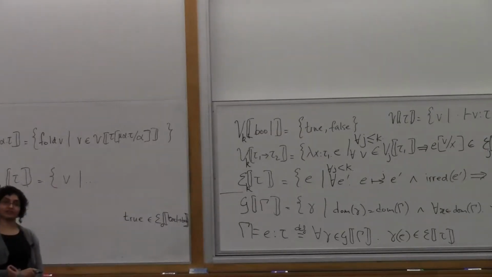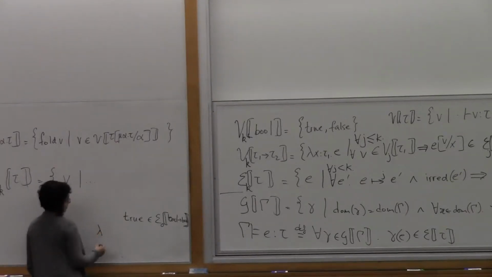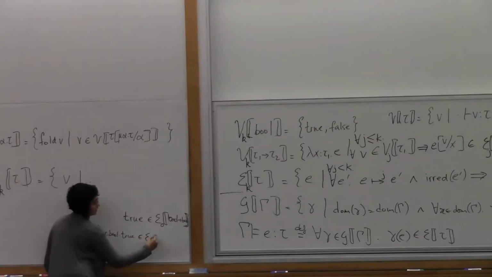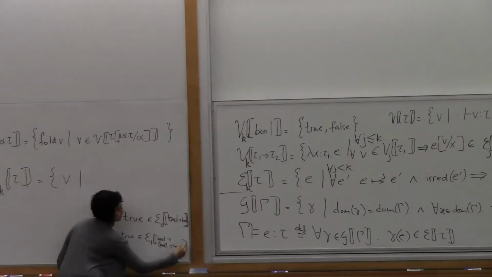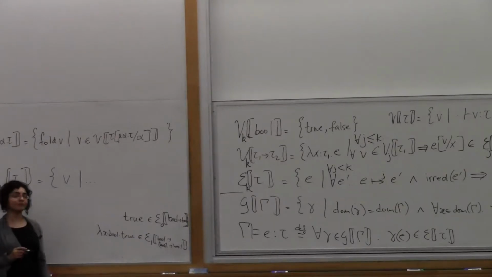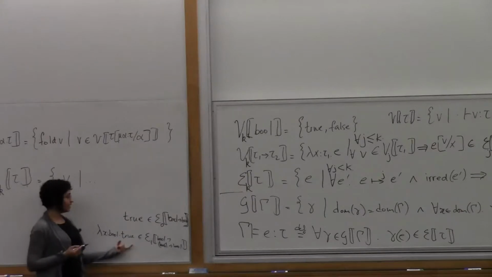Yes, it does. Okay, so in particular, something like lambda x bool dot true looks like it has type bool arrow bool for 1 step, right? Because if I give you a lambda, this guy looks like it's a function for 0 steps.